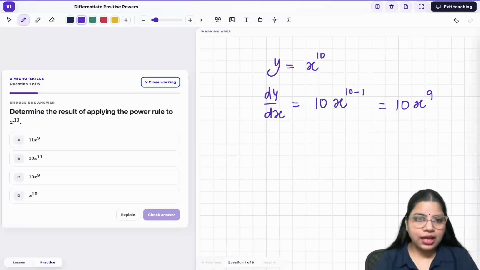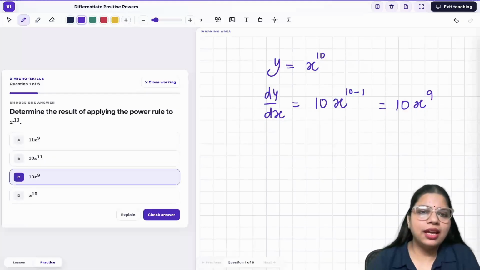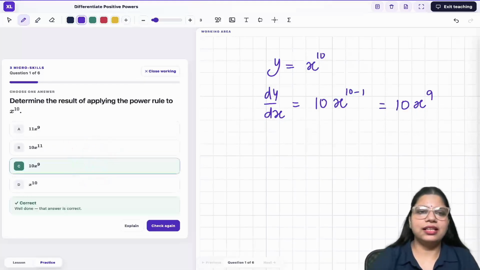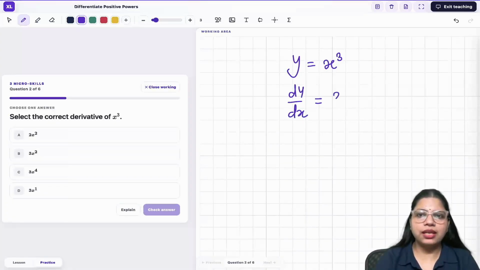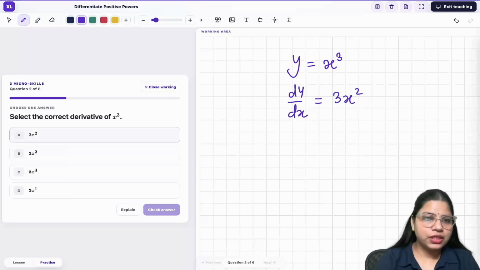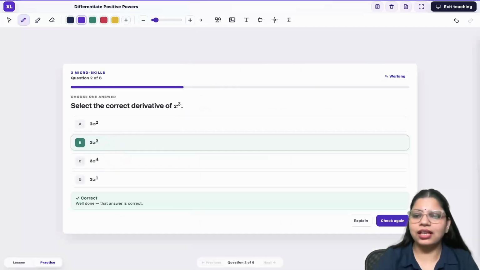What is the option there? C. Let's check, and that's correct. Let's move to the next question. We have y equals x cubed. Let's differentiate this. So dy by dx will be 3x squared, which is B part. Let's check. Yeah, that's correct.